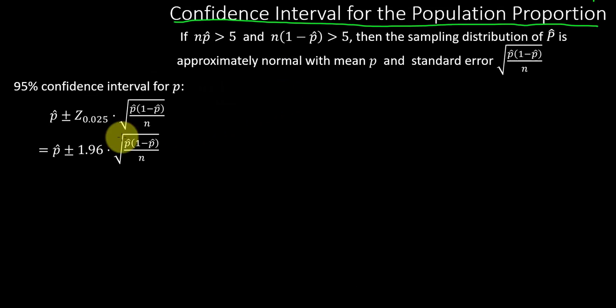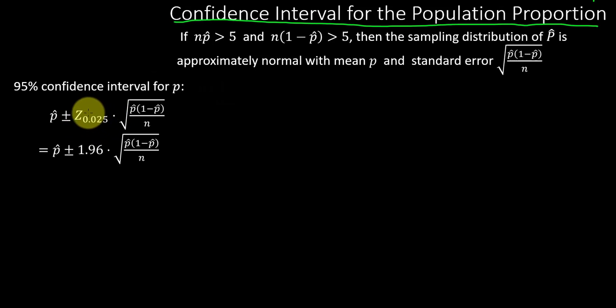Knowing this information, we can now construct a confidence interval for the population proportion, where we start with the point estimate, that's the sample proportion, and recall we add and subtract the margin of error. In this case, the margin of error is utilizing the standard normal distribution, not the t-distribution.